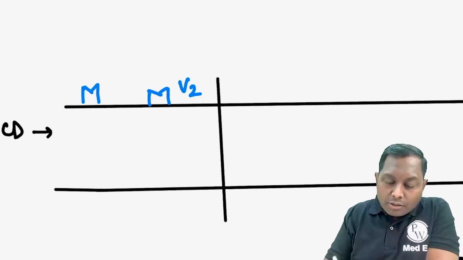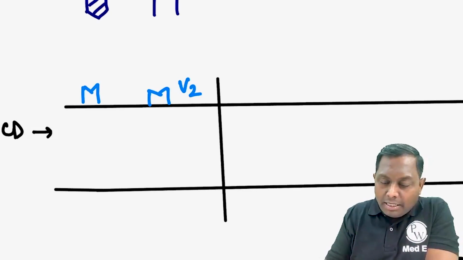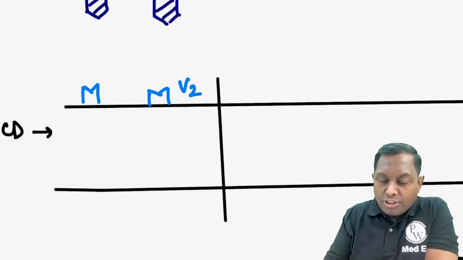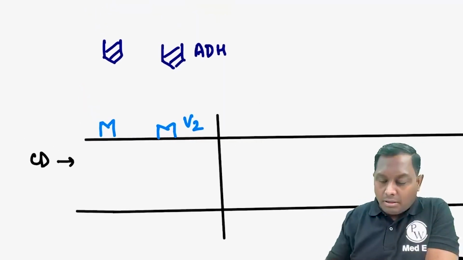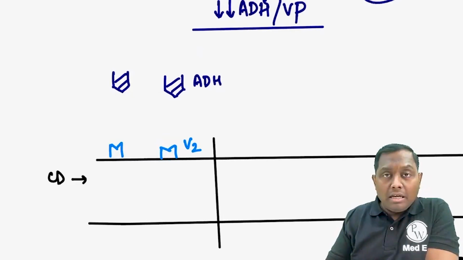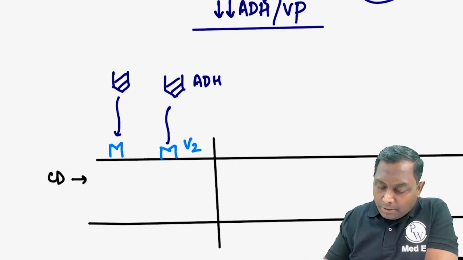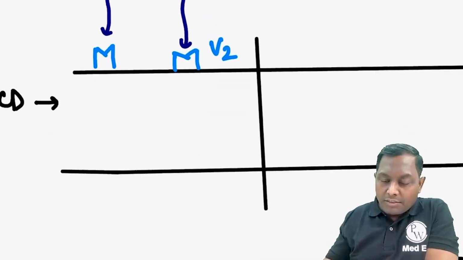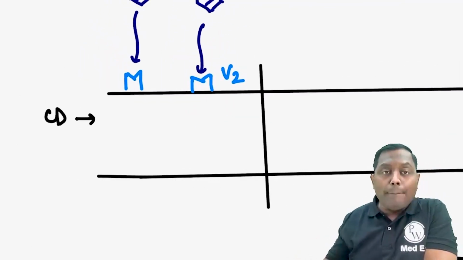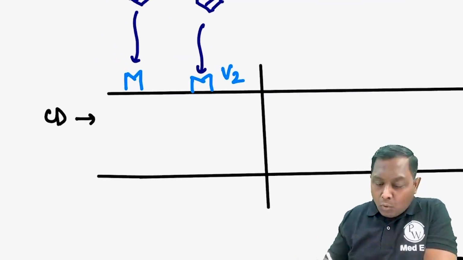Whenever the brain gives vasopressin, which we call antidiuretic hormone, that is coming from the posterior pituitary, whenever this V2 receptor is getting stimulated by ADH, whose other name is vasopressin, after getting stimulated, what it is going to do is upregulate the level of aquaporins.